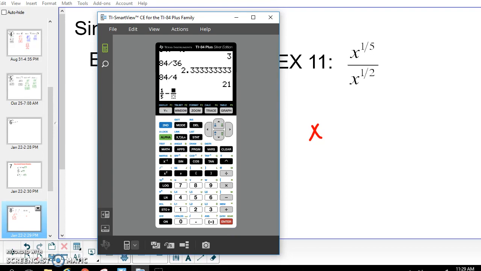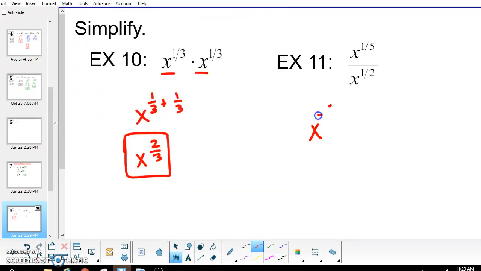And it's always top minus the bottom. So I get -3/10 here. And we're just going to leave that as is.